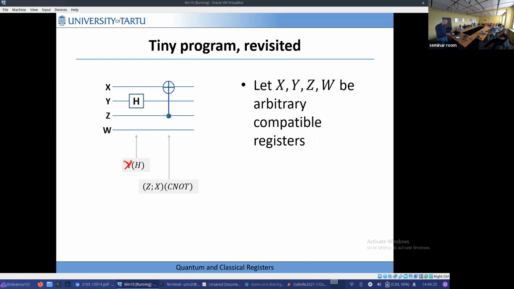Another advantage that doesn't really come out in this tiny program yet is that you can focus on subprograms. So let's say there's a lot more going on around here, and now you want to show that maybe this thing equals something else. The problem is that if you compute the whole semantics of this thing, you live in a very big space, maybe an infinite dimensional one where you need to reason about infinite operators as opposed to just a few qubits.